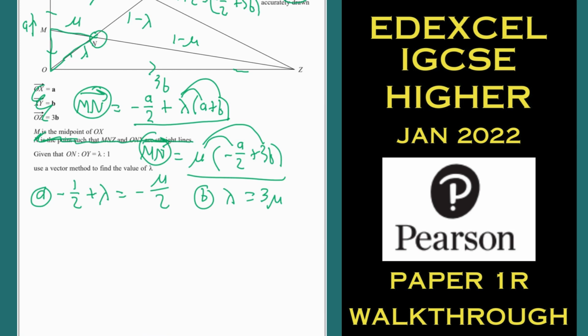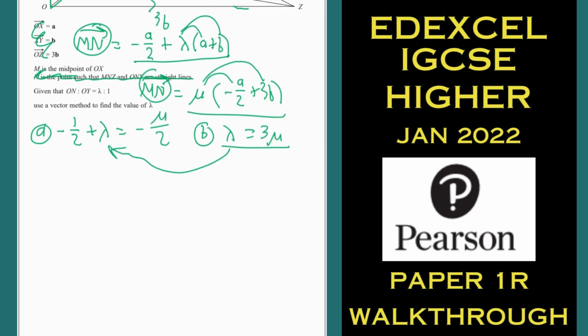As you can see, that is going to be a nice, easy thing to substitute in. So let's put the second equation into the first equation. So we're replacing lambda with 3 mu. We've got an equation, one variable, it needs solving, adding a half mu to both sides, adding a half to both sides, times both sides by 2.